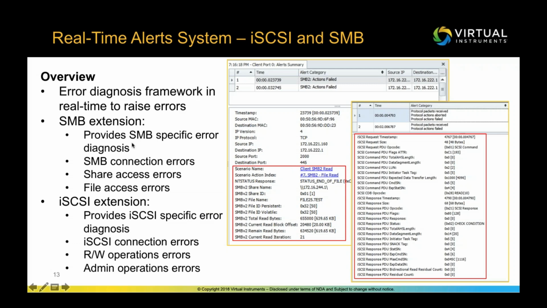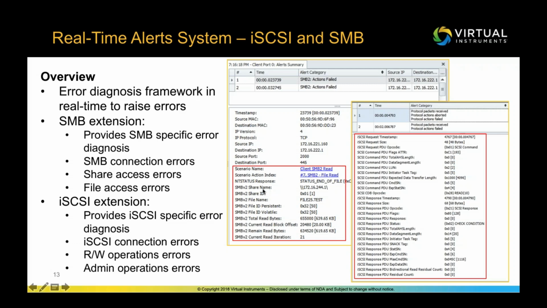On the SMB module, we want to provide SMB-specific error diagnosis. The connection piece is pretty generic in concept between any protocol, so this is the SMB client and the specific SMB file server, but it also gets into more details, such as the SMB share where the error was found.